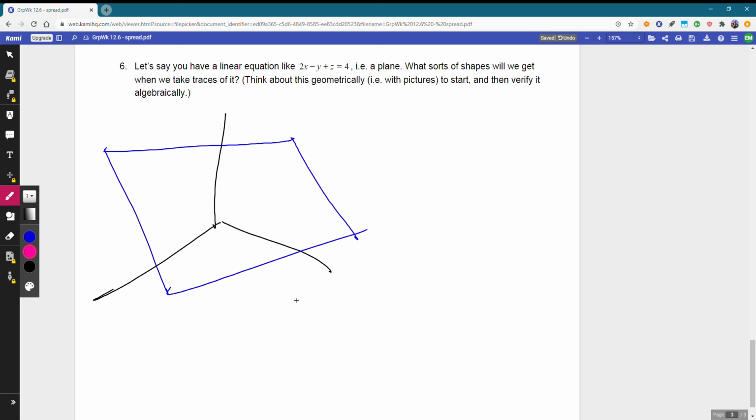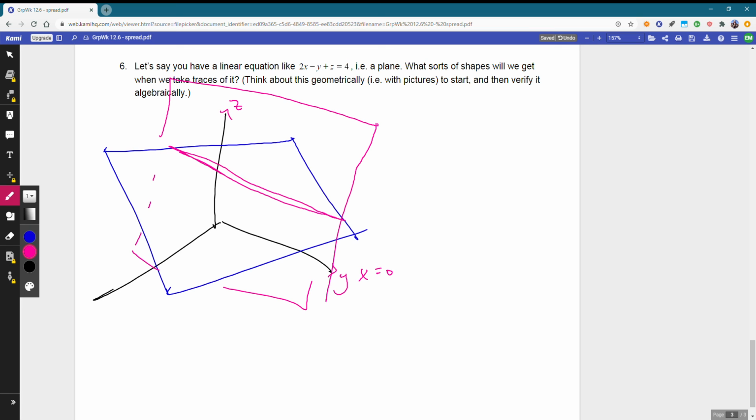So for example, if we cut with x equals 0, so the yz plane, then we'd see something like this going on.